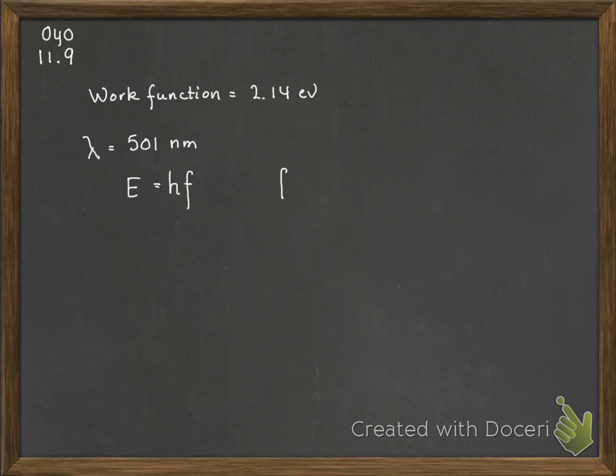In order to use frequency in our equation, we need to solve for it. So the velocity of light over the wavelength, except we have nanometers, and we are going to need to convert from nanometers to meters. So let's do the conversion first, and then we'll write all of our information.